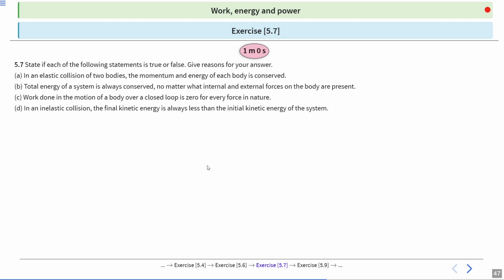C: work done in the motion of a body over a closed loop is zero for every force in nature. D: in an inelastic collision, the final kinetic energy is always less than the initial kinetic energy of the system. Please think about this and solve this question.